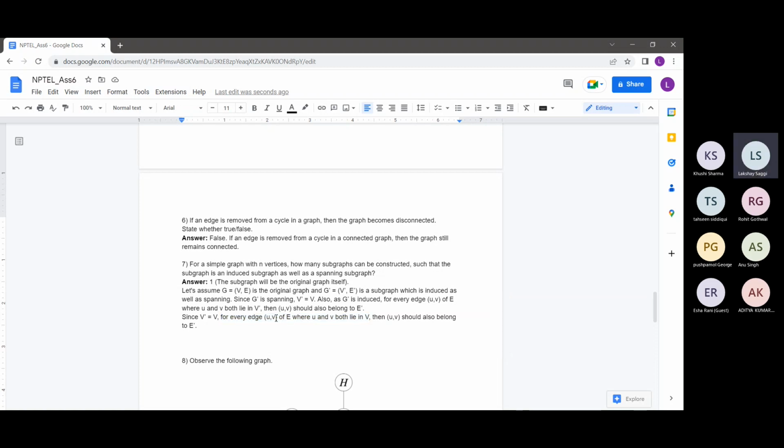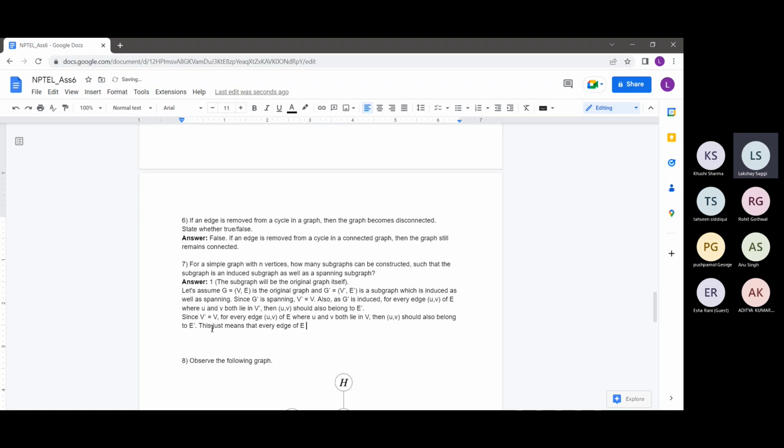So for every pair of vertices, we take every edge which is present. This basically means that we take all the edges of the original graph and they should also belong to the set E prime.